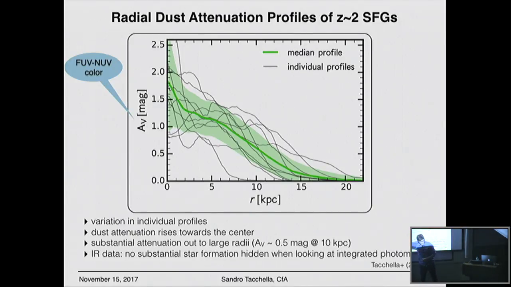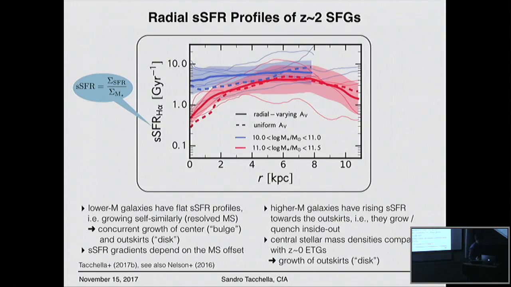It's just far-UV minus near-UV color, and so we assume a foreground dust screen and a Calzetti-like extinction law. So these things are very crude, but honestly, it has not been taken into account for many of the high redshift observations that there are dust gradients in galaxies, and of course they're very important because usually the central part is more dust obscured than the outskirts.